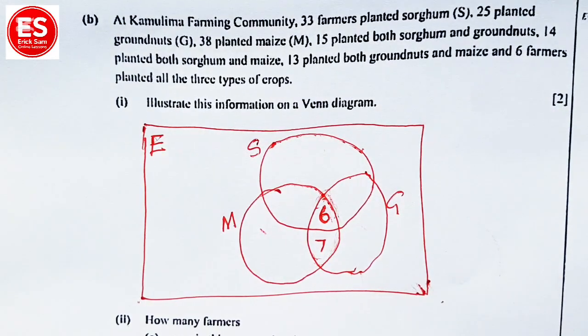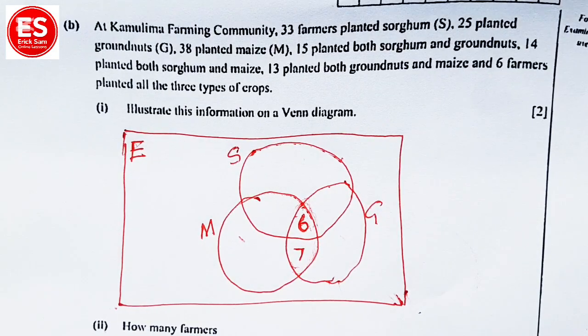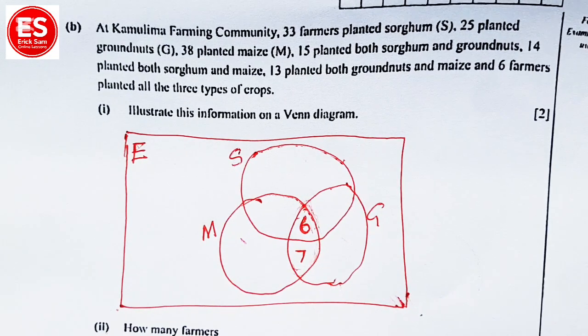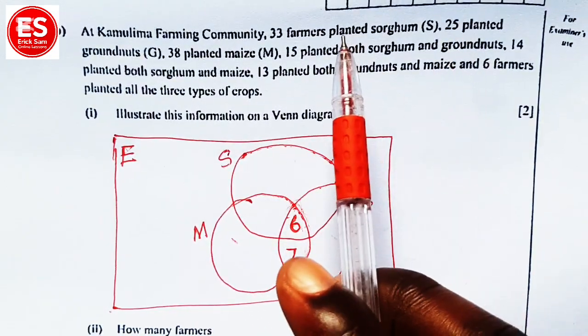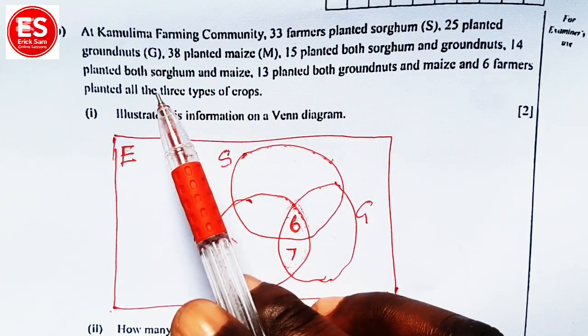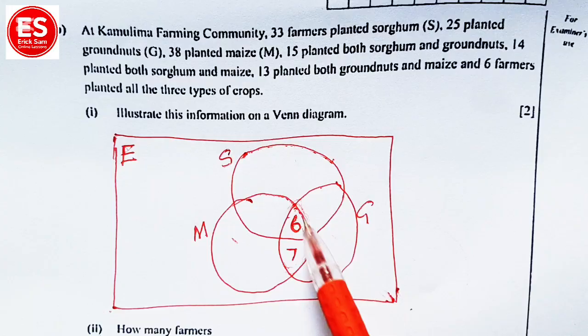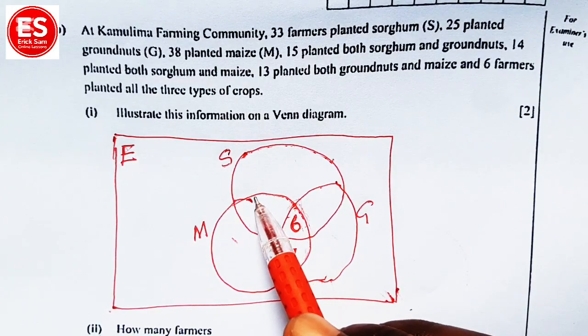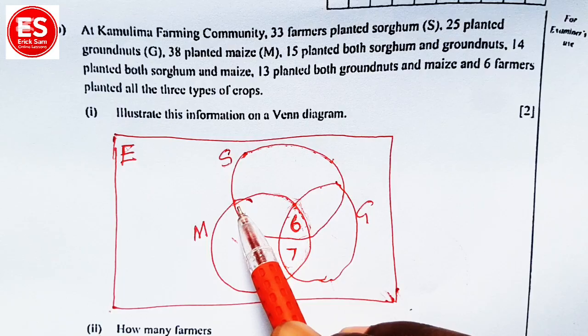Now we are going to look at the next one, 14 planted both sorghum and maize. Those that planted sorghum and maize, they are intersecting here.